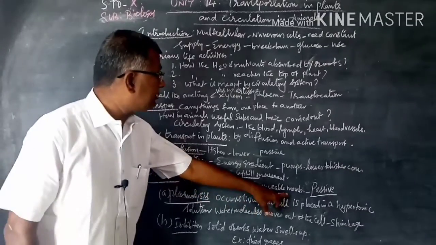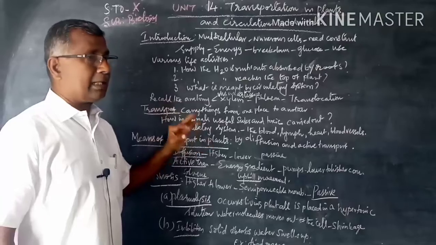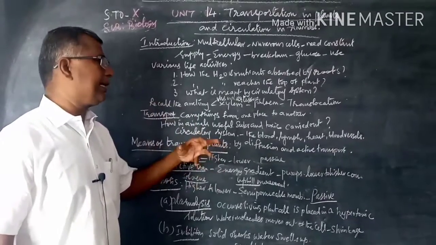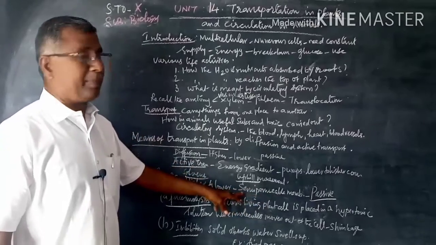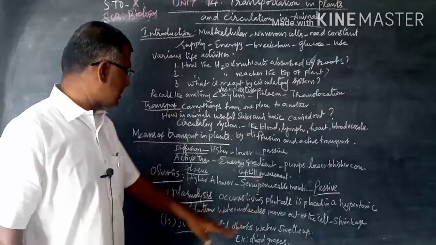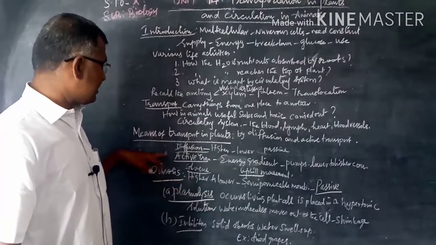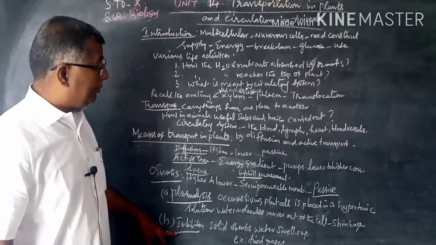Understand? What is the meaning of semi-permeable membrane? The membrane does not allow certain ions to enter or exit. That membrane is known as a semi-permeable membrane. Example, the cell membrane. So that is called osmosis. Osmosis is further classified into plasmolysis and imbibition.